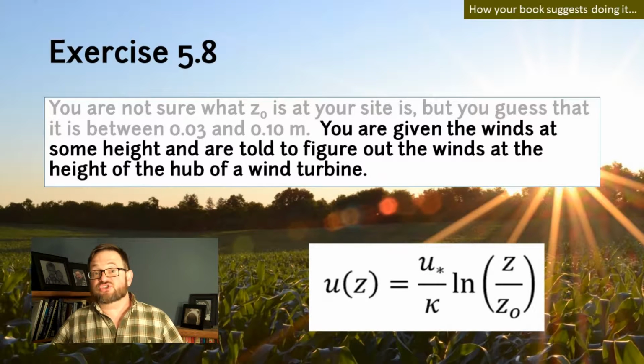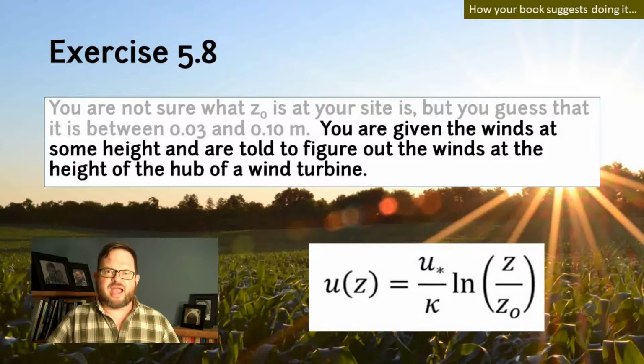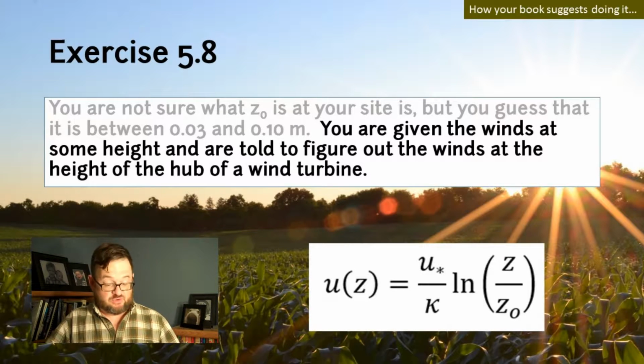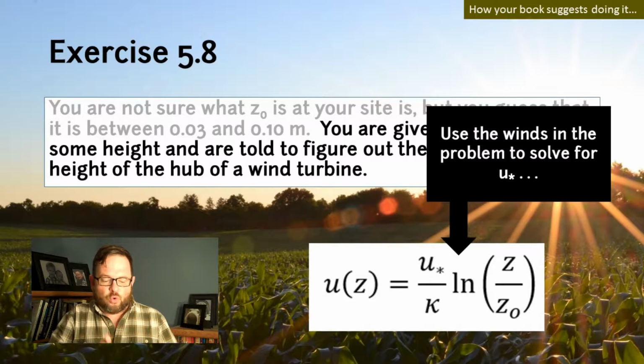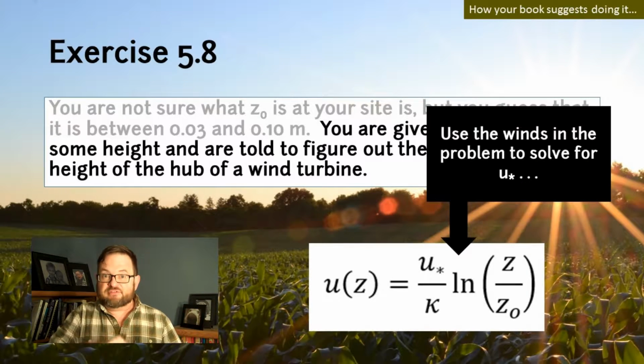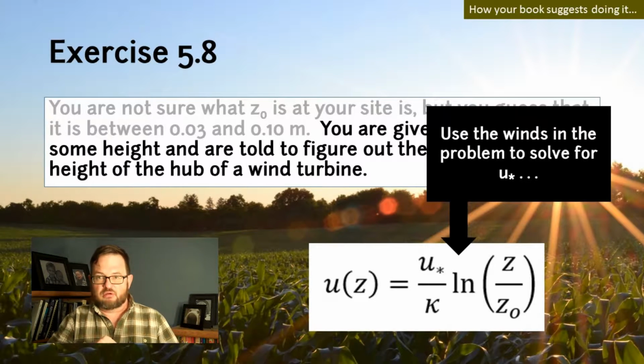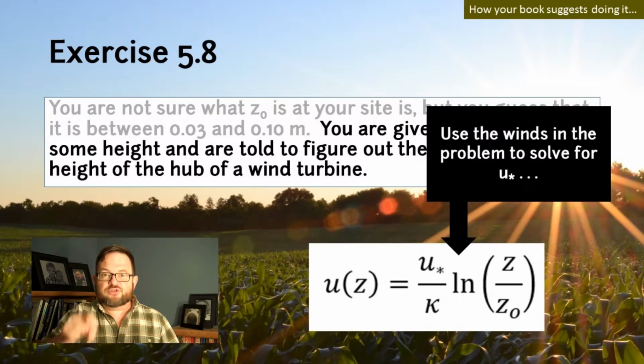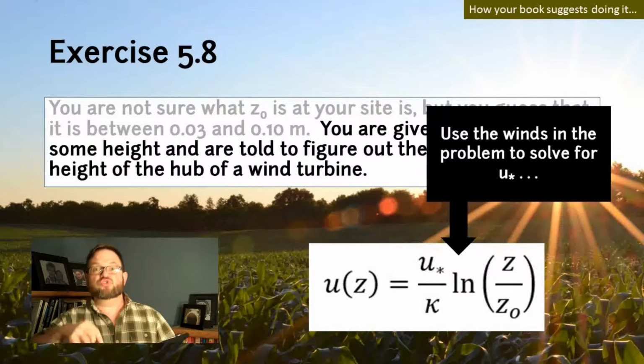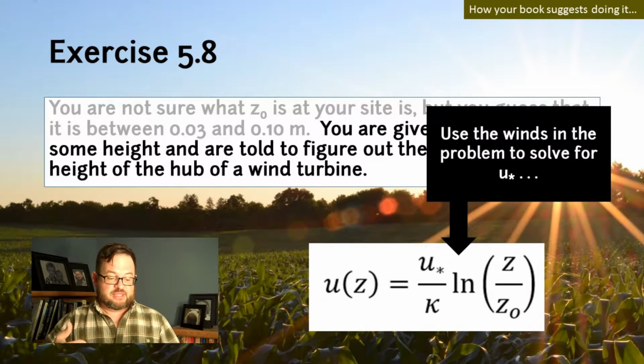What the book suggests doing here, and by all means go and look in the back of the book at how they solved exercise 5.8, is take your equation for the log wind profile and use the winds that are given to you in the problem to solve for U star, because there's going to be a value of U star that matches your low estimate of the aerodynamic roughness length.